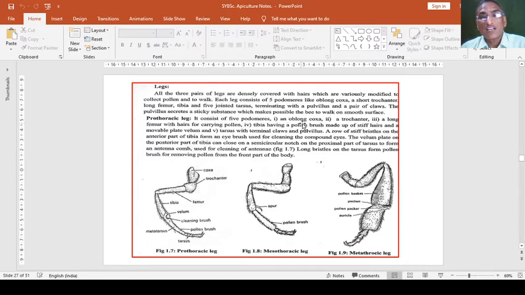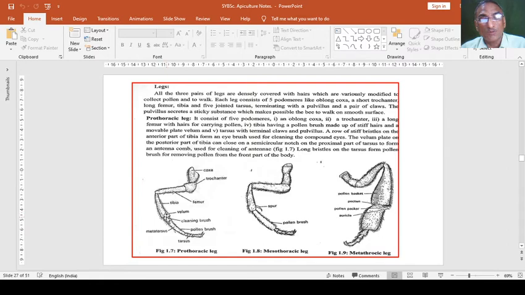So see, an oblong coxa, a trochanter, a long femur with hairs for carrying pollen. These are the hairs which are used to carry the pollen, small particles or small organs of the flowers used as food. Tibia having a pollen brush. This is a pollen brush or cleaning brush, we can say, made up of stiff hair and a movable plate, the velum.